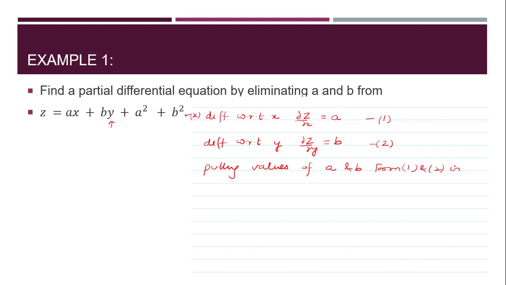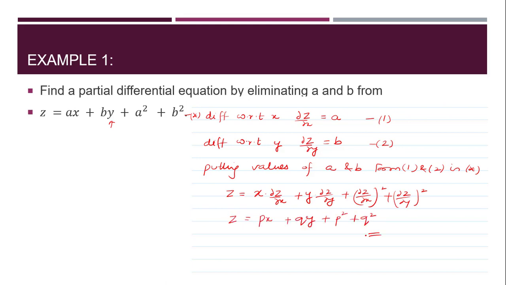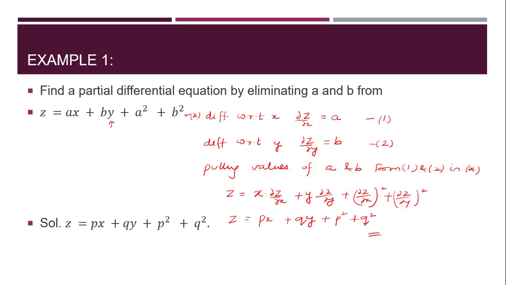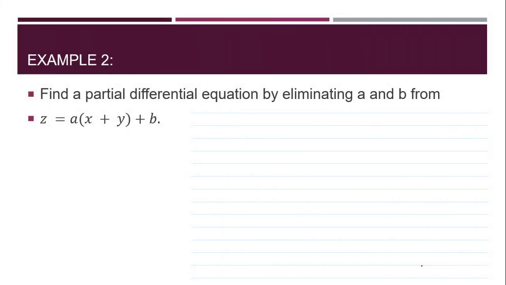what I will get is z is equal to a, which is del z by del x, in PQR form. So it's easy to depict that z is equal to px plus qy, and this is the resultant partial differential equation. Let's start with another example. Z is, let me mark it as asterisk.